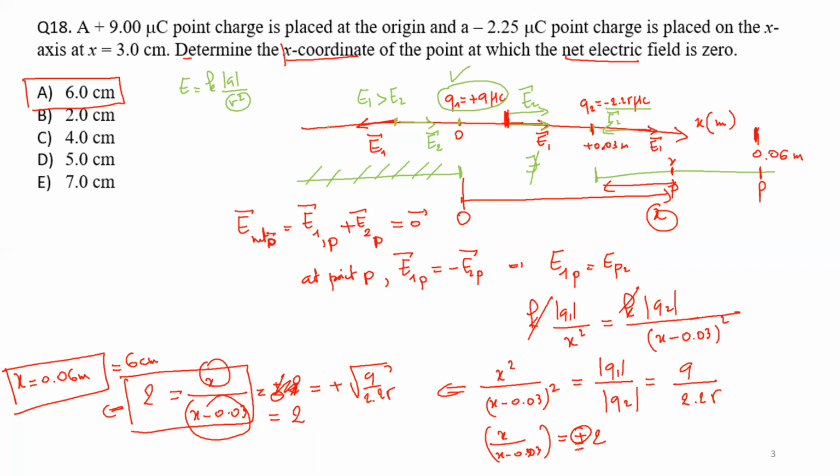If I took the minus, you can solve it, and you will find that X will be equal to 0.02 meters. So I will be here. 0.03 is here, 0.02 is here. But you see here, no way I can have net electric field equal to 0.